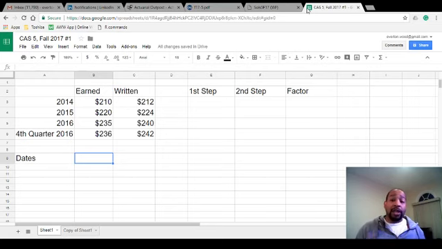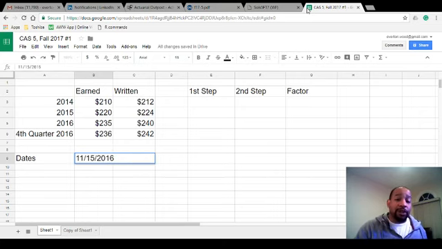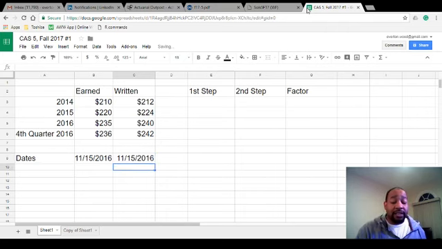That's 3 months, and the middle date of that time period is November 15th. So the average fourth quarter date that we're going to reference is November 15th of 2016. I'm going to enter that twice, and you'll see why in a minute, because I'm going to use these as cell references.